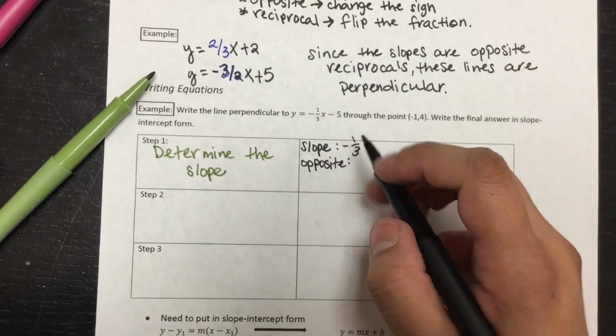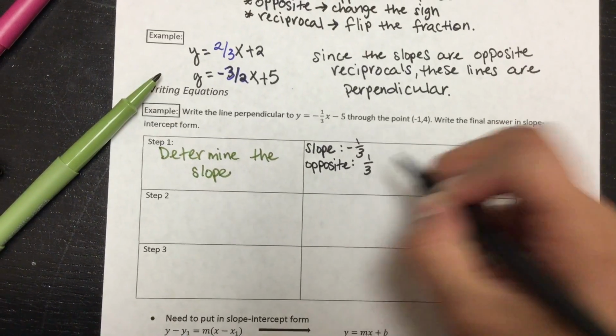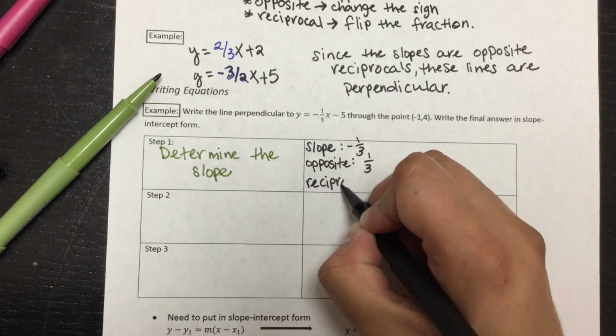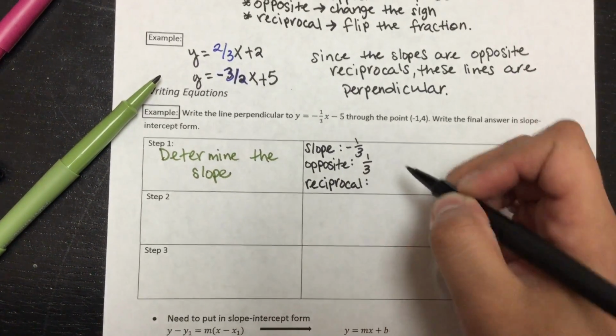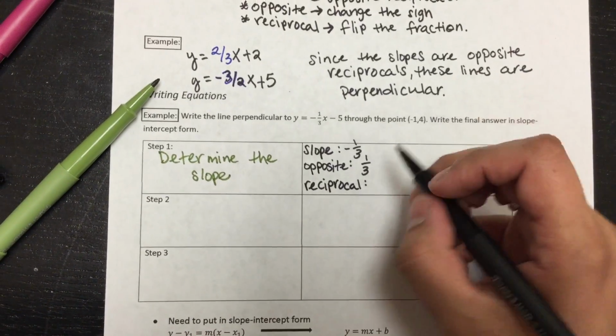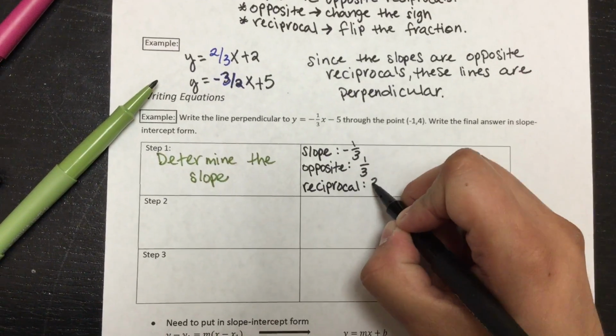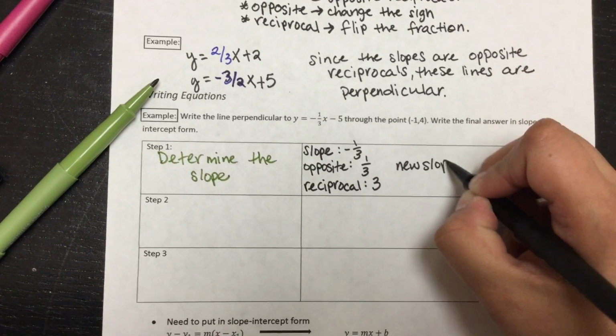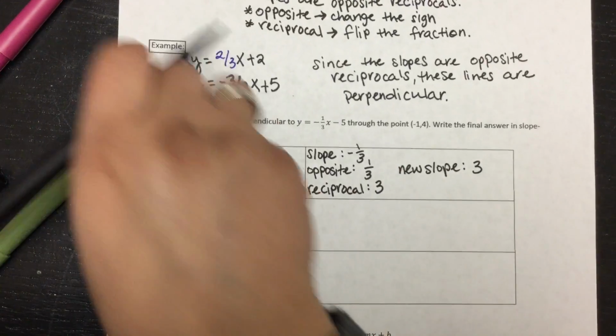The opposite, you would change the sign, so this becomes positive 1/3. And the reciprocal, you would flip the fraction. 1/3 becomes 3/1, and 3/1 reduces to just 3. So our new slope is 3.